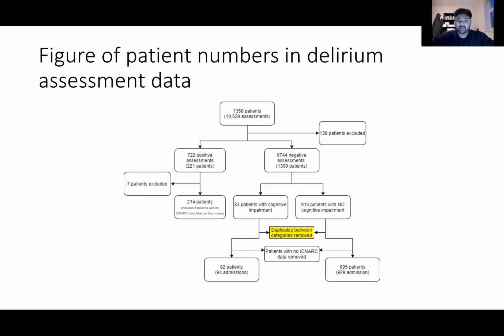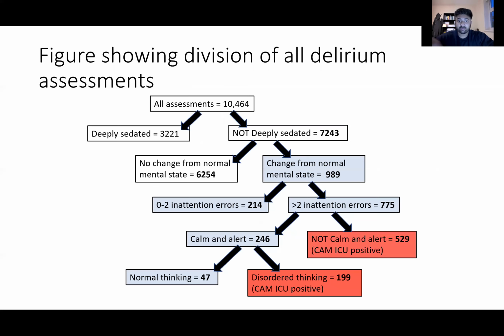This looks at the division of the patients that were excluded and the patients that did have delirium, and those that had a negative CAM ICU assessment but did have cognitive impairment with the duplicates removed. Again, it's just a flow chart to look at the flow of patients.